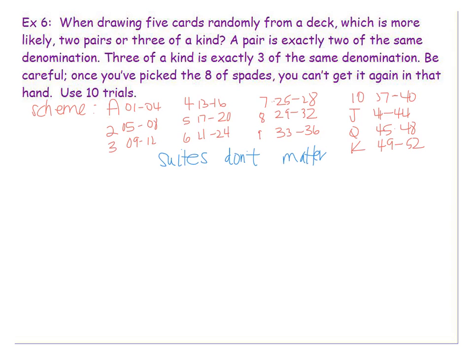Okay, so that's our scheme. So our stopping rule. We are going to stop each trial after how many cards are we drawing? We are drawing 5. And we're going to stop the simulation after, how many times are we running this? 10 trials.